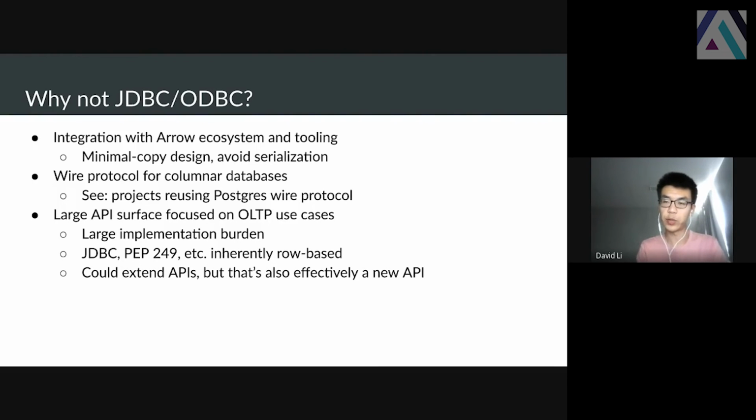So while we could try to extend these specifications for columnar and analytic workloads, that would effectively be creating a completely new API. And so in that case, there was no reason to keep all that existing baggage when we can instead start fresh and focus on the workloads that fit best for Arrow.